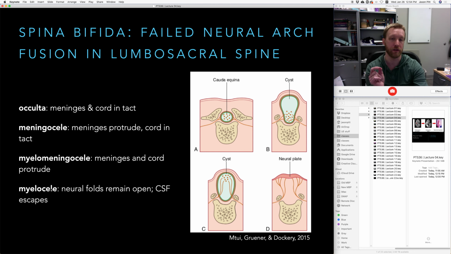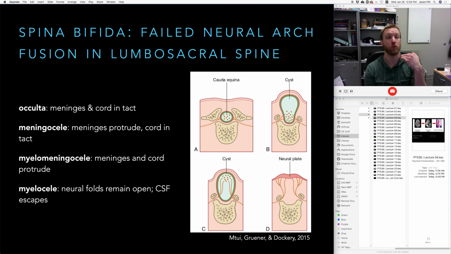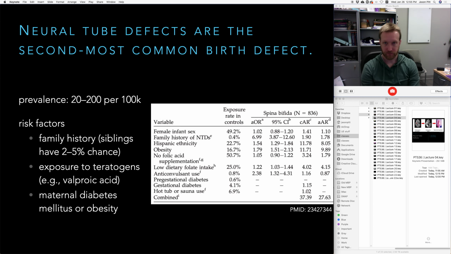So myelocele is the open neural tube defect for spina bifida. Worst outcomes. This needs to be repaired immediately. This will be fatal because the CSF is just leaking out. So not only is there a risk of infection, you're just dumping fluid out. So very serious, life-threatening.